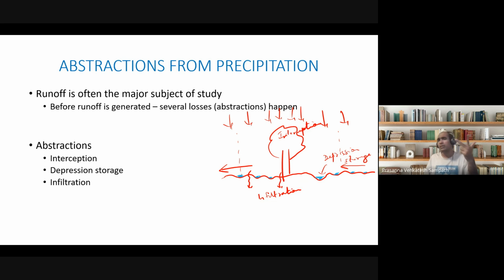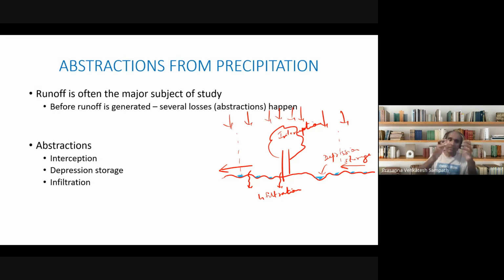Anything else anybody can think of? Actually, there isn't anything more. So you have interception and depression storage, and then you have infiltration.